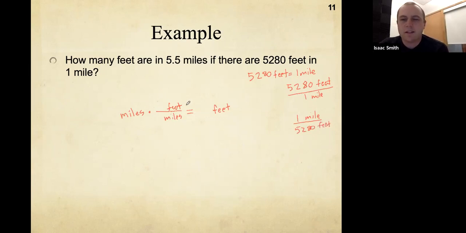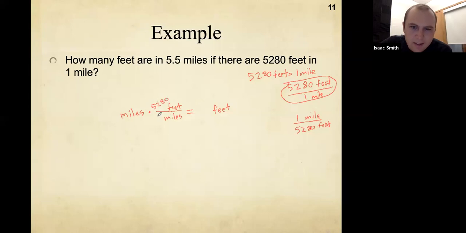Well, if we look back at our setup that we used for the problem, we have feet over miles. That's what we want. So we're going to use this fraction here. If we put this into our problem, we have 5,280 feet for every 1 mile. Should be mile, not miles, whatever. All right, so now we have our conversion factor in there.